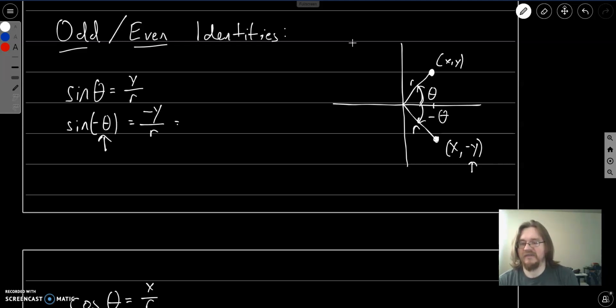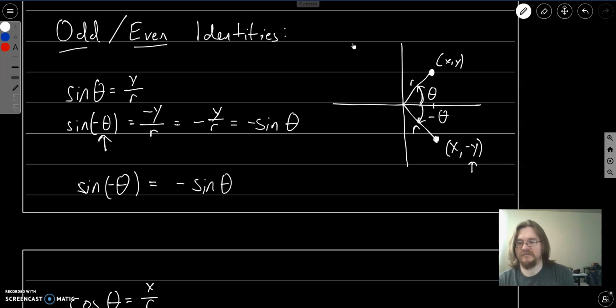So this fraction, negative y over r, is the same thing as negative sine. So our first identity is the fact that sine of negative theta is equal to negative sine theta.